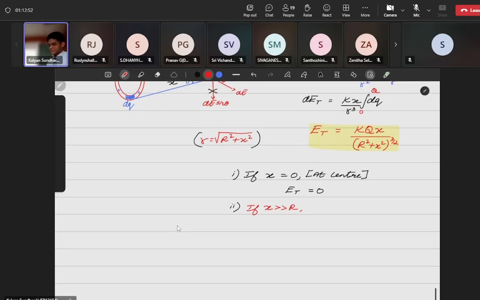And the second case, if x is much more greater than r, r என்னது கரெக்டா? r ஓட square will become much more smaller, so it will be neglected.